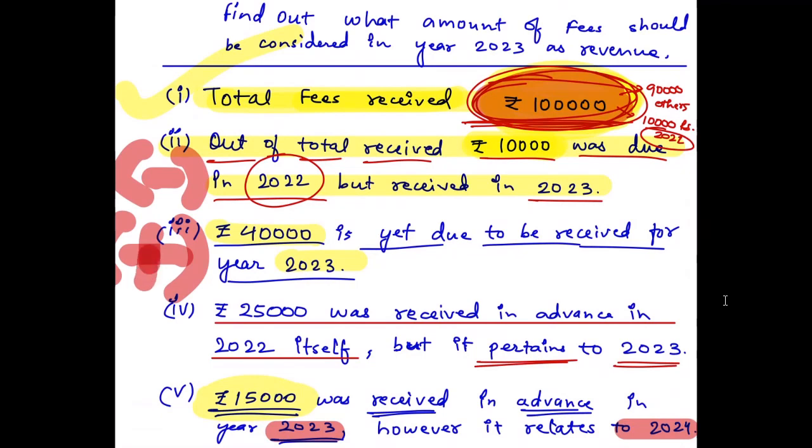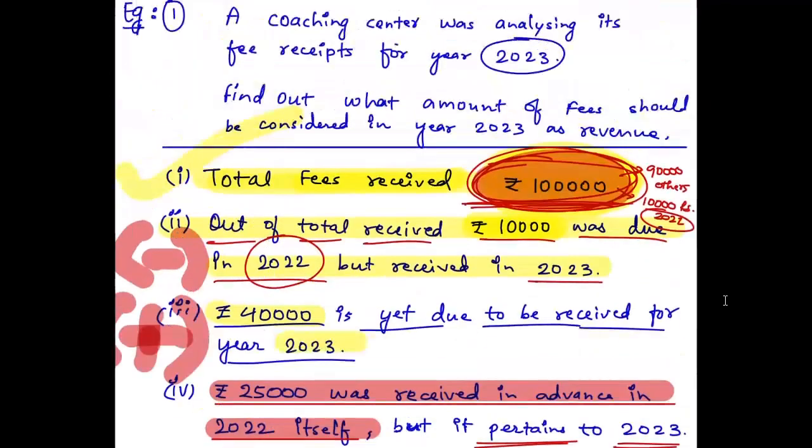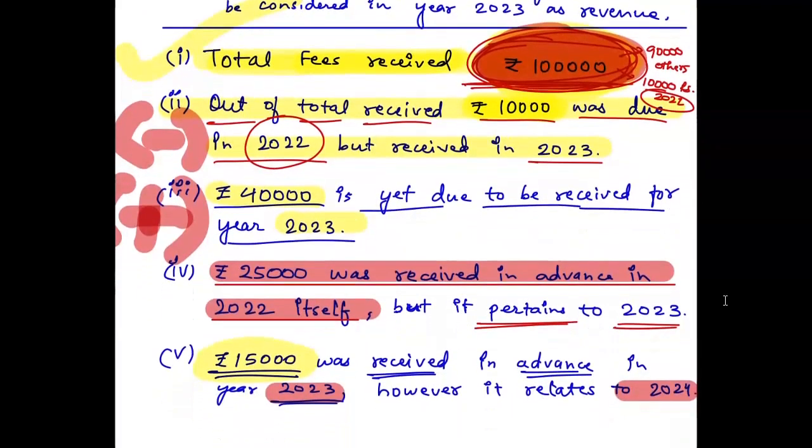Okay, that is the second adjustment. Now going to the fourth one. 25,000 was received in 2022 itself. So obviously this is not included here in 1 lakh rupees. It is not included in 1 lakh rupees, but it pertains to 2023.